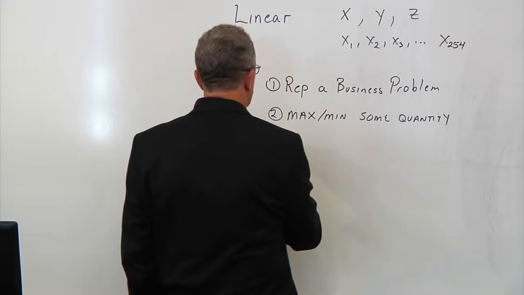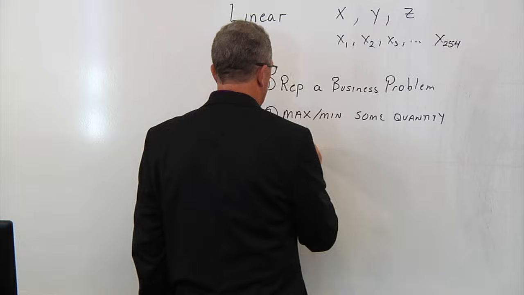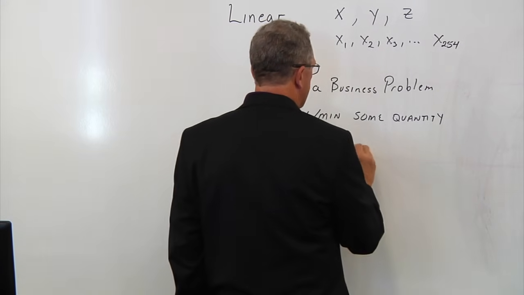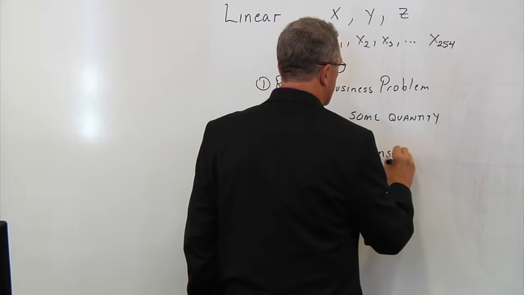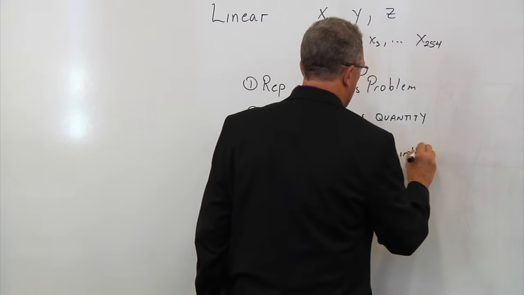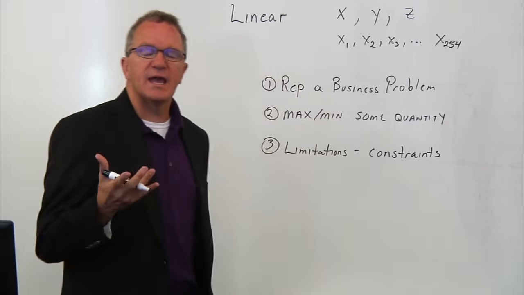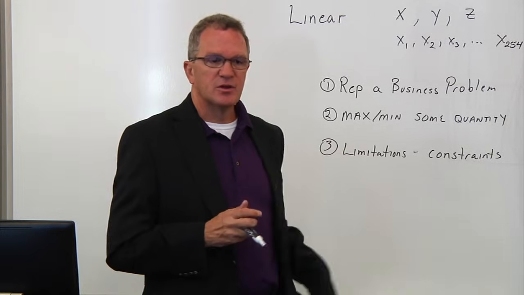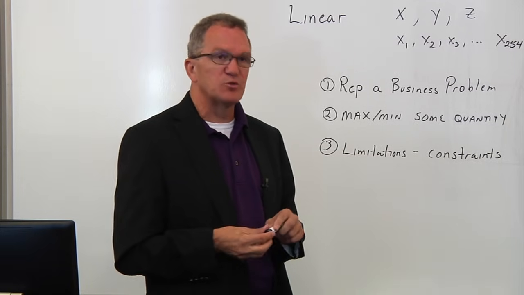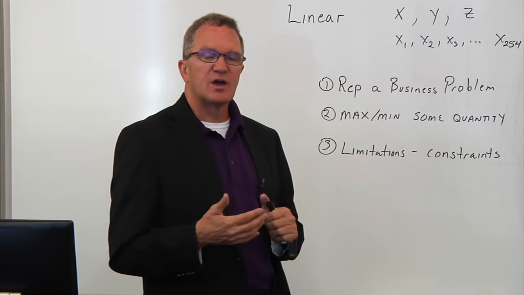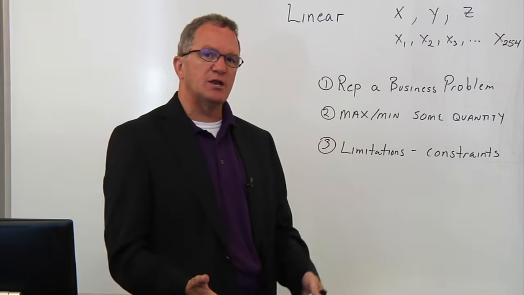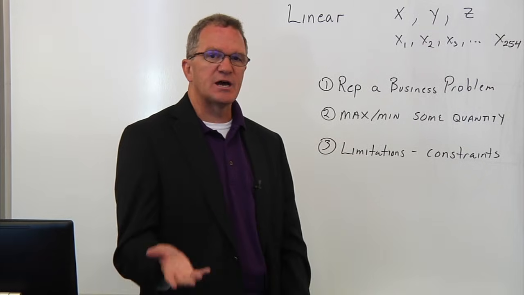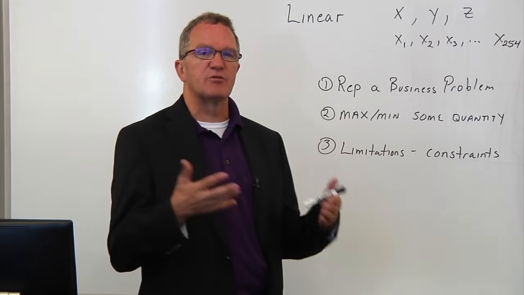It has limitations. These limitations are referred to as constraints. We have limitations. We can't go to infinity. Now, this should seem obvious, but some people don't seem to get it. I have a constrained labor pool. I don't have an unlimited number of people that I can hire that can work an unlimited number of hours.